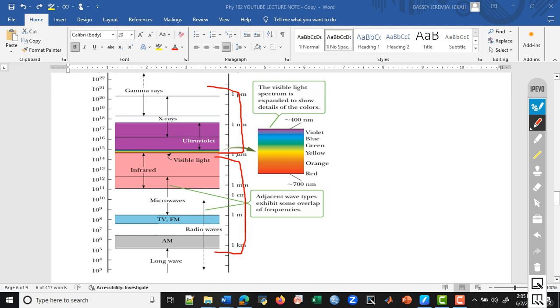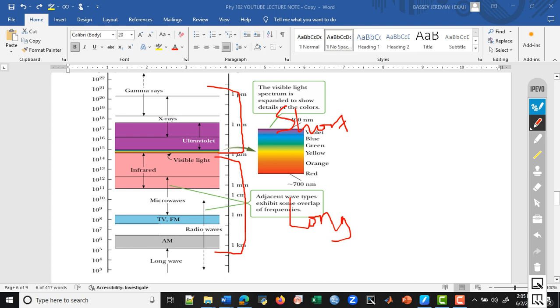So here we have short wavelength, and here we have long wavelength. So here you will see the infrared, microwave, radio wave, visible light.